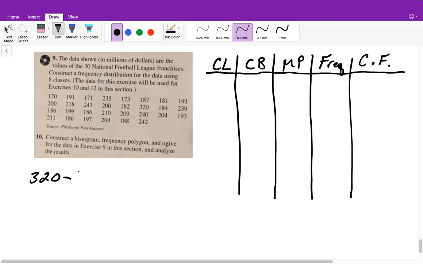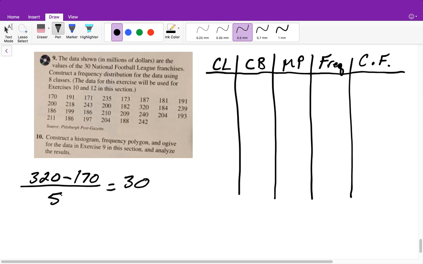And then we're going to divide by however many classes we want. Now, there were some rules that we needed to follow when we're doing our test the first time, but I'm just going to do divided by 5 right now to see what this equals, and I'll talk about the rules. So 320 minus 170 divided by 5, that is equal to 30.